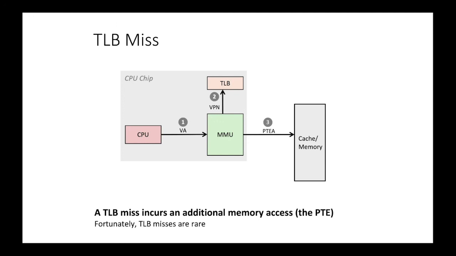So we access the memory hierarchy to get the page table entry, and we update the TLB cache, and we translate the memory address, and finally we access the memory hierarchy using the physical address, and the memory hierarchy returns data or instruction. Fortunately, TLB misses are rare because of the locality, the larger page size, and the smaller working sets.